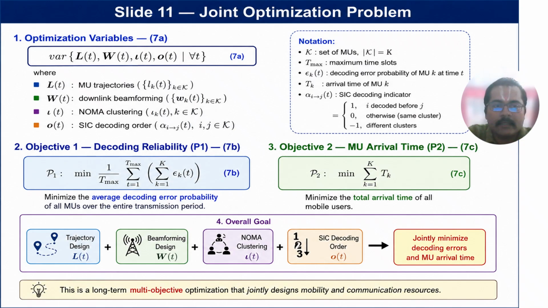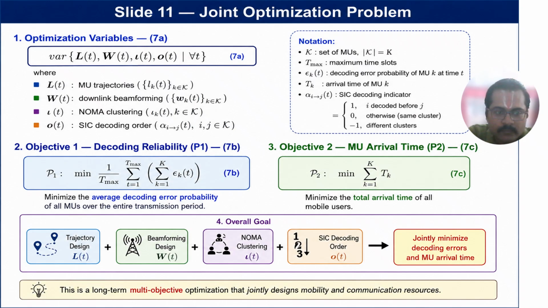You cannot directly minimize the decoding error probability; it is an indirect approach. You need to select the optimal values of these four variables in such a way that your decoding error probability is minimized and arrival time is also minimized.